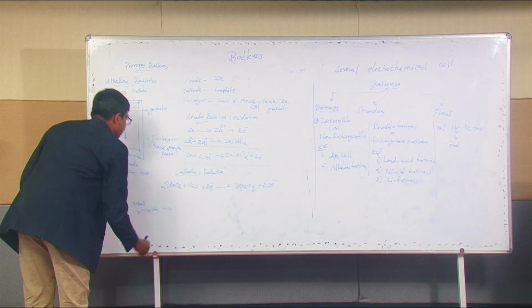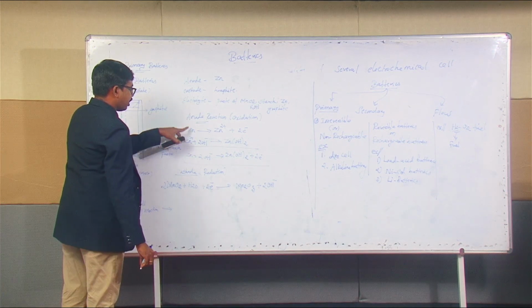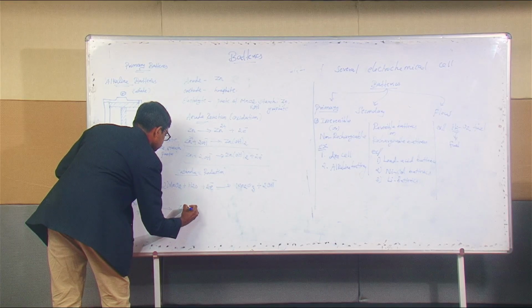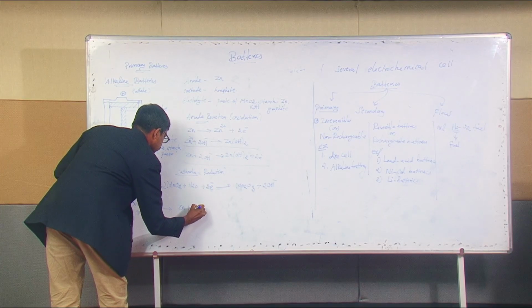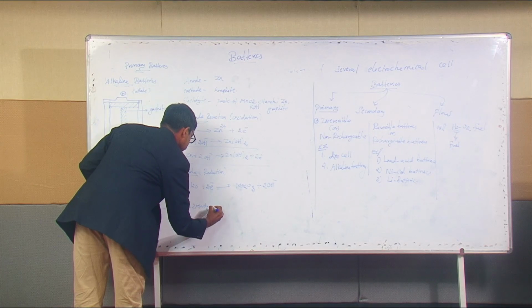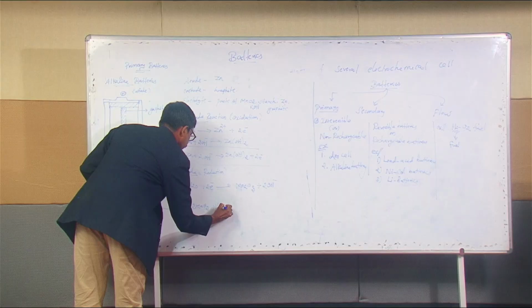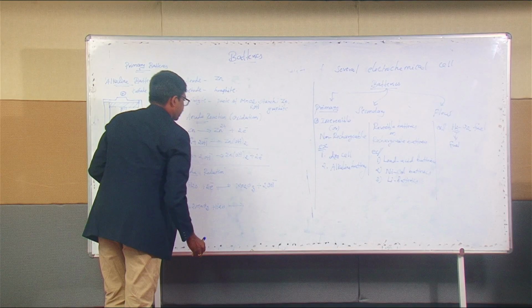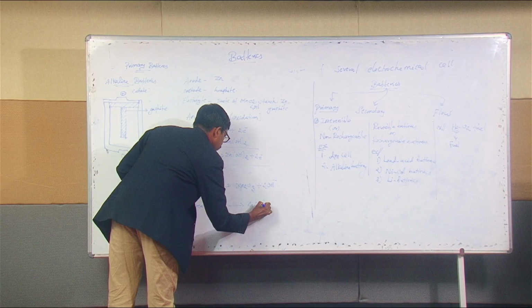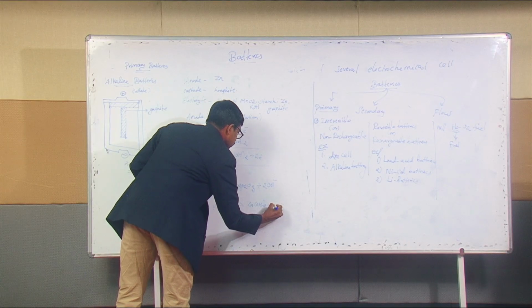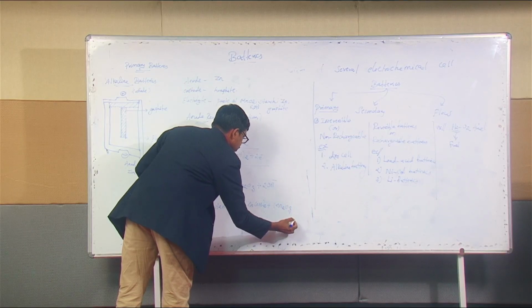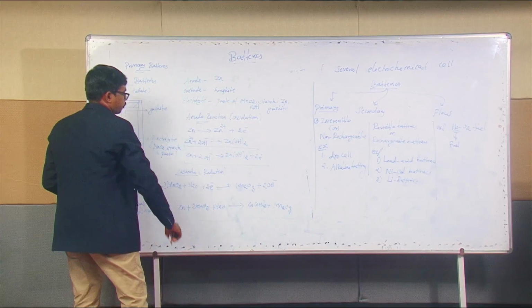So I can write the overall cell reaction. On the left hand side, from the anode compartment: zinc plus 2 MnO2 plus H2O gives the products zinc hydroxide and Mn2O3. This is the overall cell reaction of the alkaline battery.